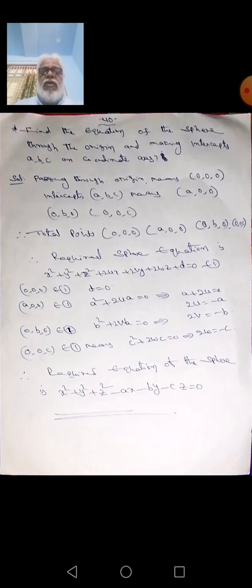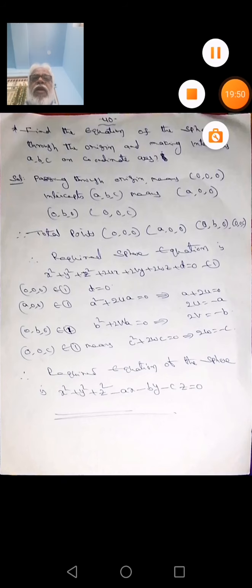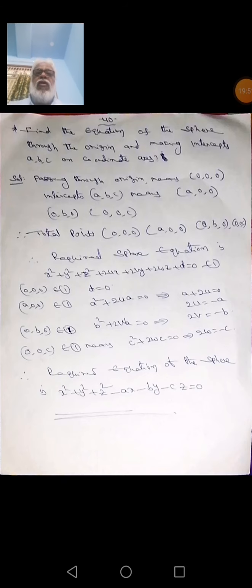This is more than enough for spheres at the degree level. These 40 pages have at least 30 problems, more than 30 problems. If you prepare all this, you definitely complete spheres and the sixth paper also.